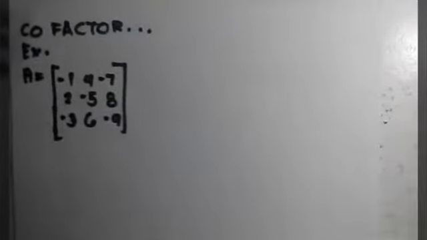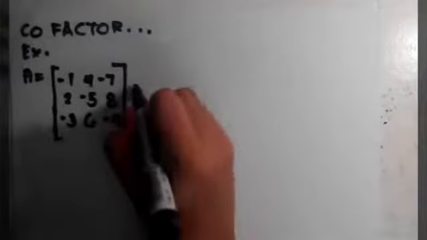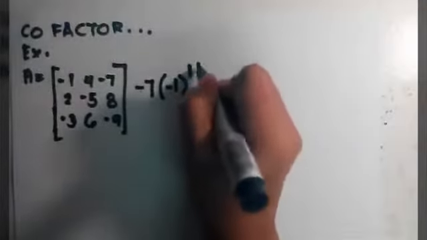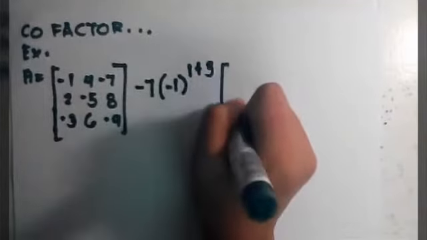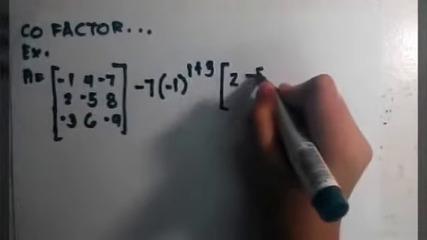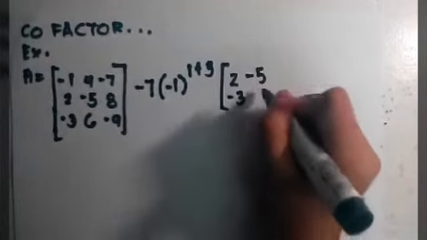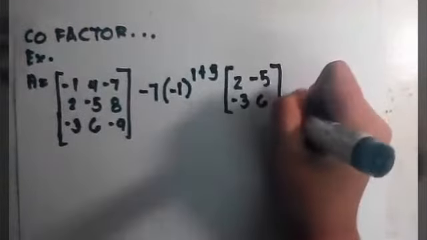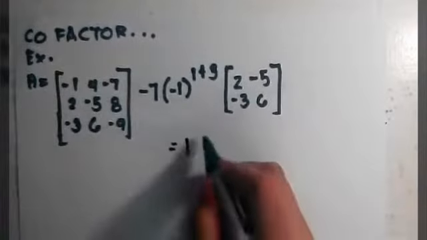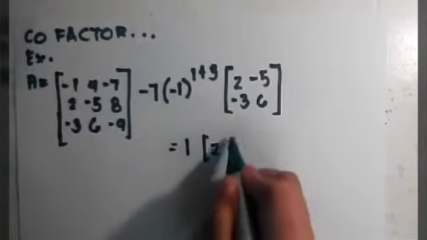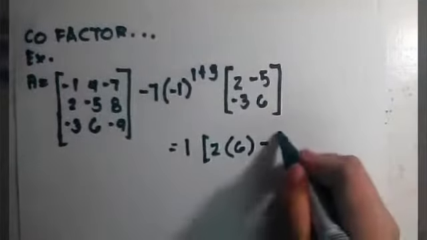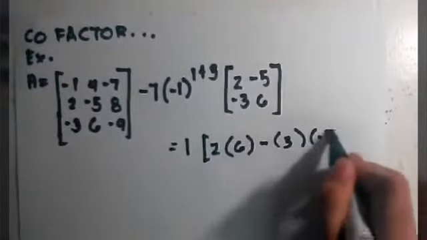Next is the cofactor of negative 7. So, the cofactor of negative 7 is negative 1 to the power of 1 plus 3, times the determinant of 2, negative 5, negative 3, and 6, which is equal to 1 times 2 times 6 minus negative 3 times negative 5.